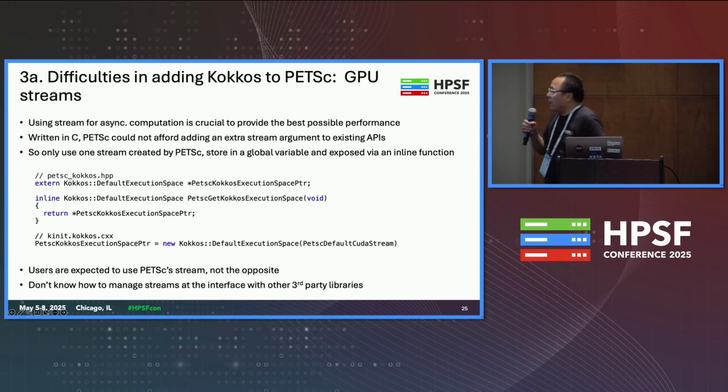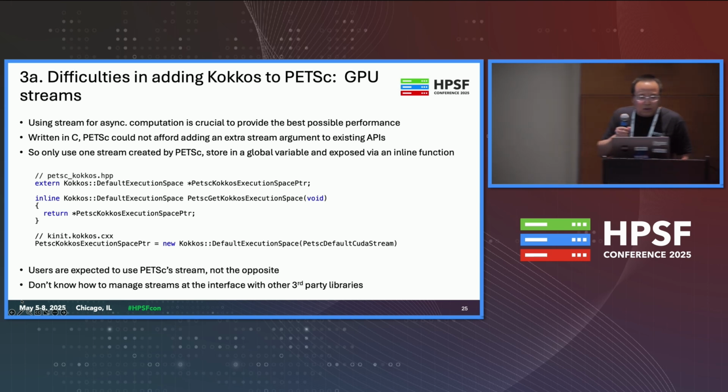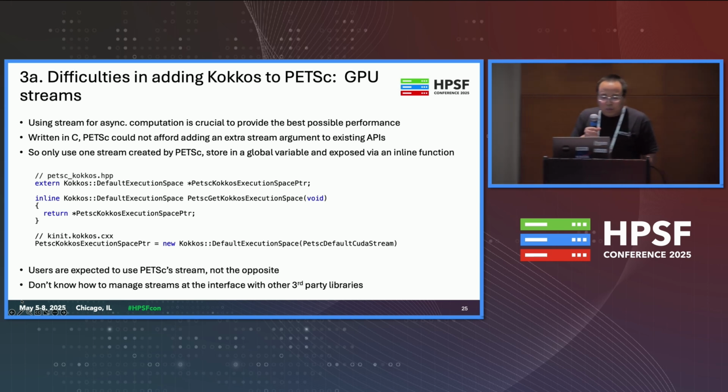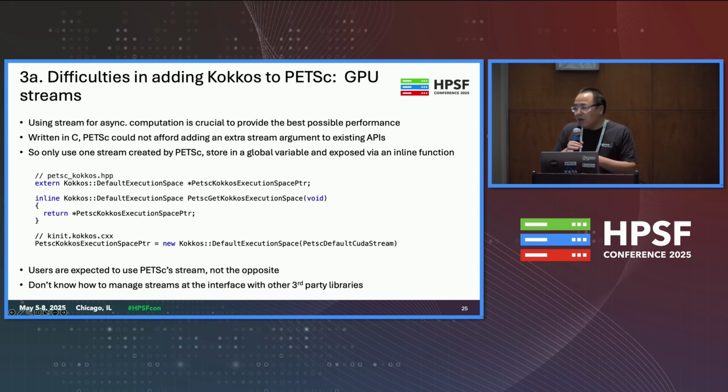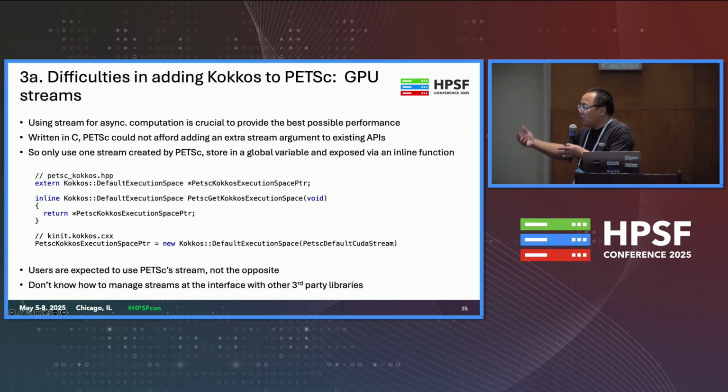Of course, we had some difficulties in adding Kokkos to PETSc. The first is GPU streams. GPU computation is asynchronous. If you want more parallelism, you want multiple streams. But how do we use multiple streams in PETSc C code?